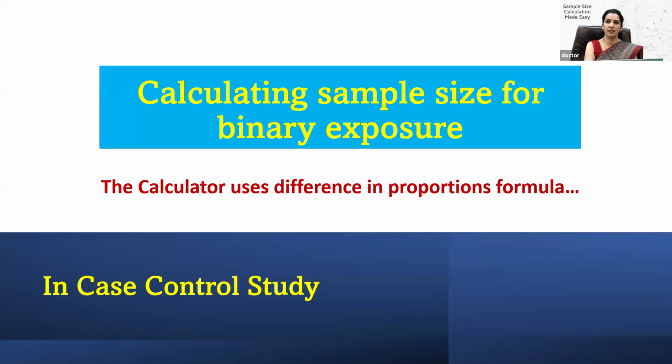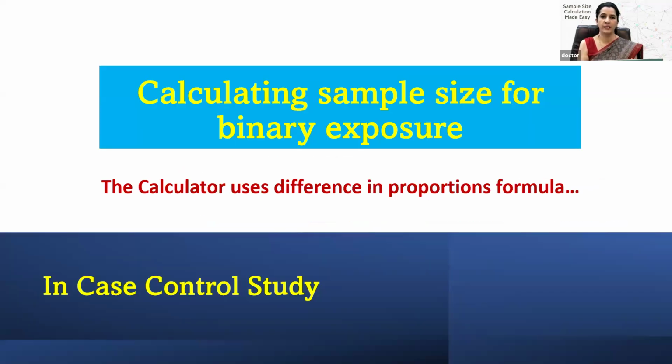Okay. So now coming to the calculation of sample size for binary exposure. Basically, like we have seen, as an input you can classify it as a continuous variable or as a dichotomous variable, meaning exposure present or absent.